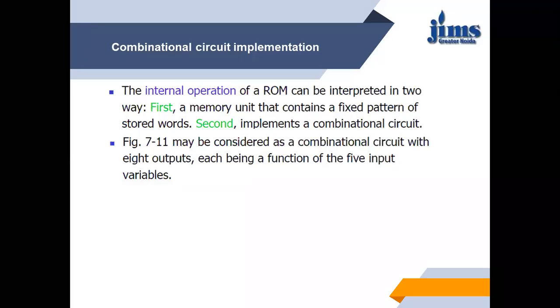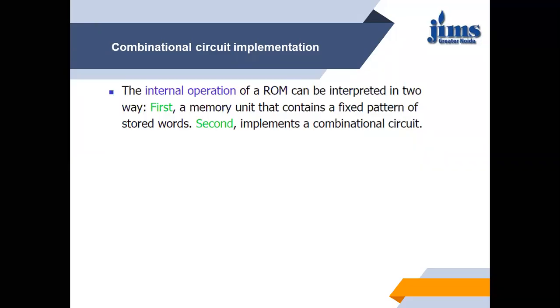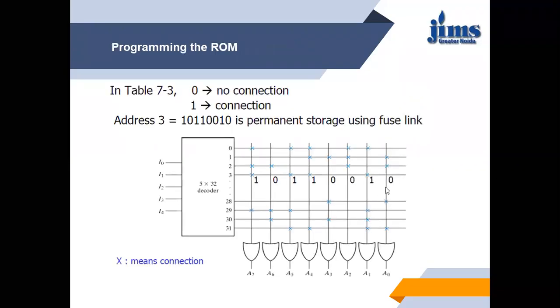Now figure 7.11 may be considered as a combinational circuit with 8 outputs, each being a function of 5 inputs. So whatever this circuit is, we have 8 outputs, and the input is 5 bits.